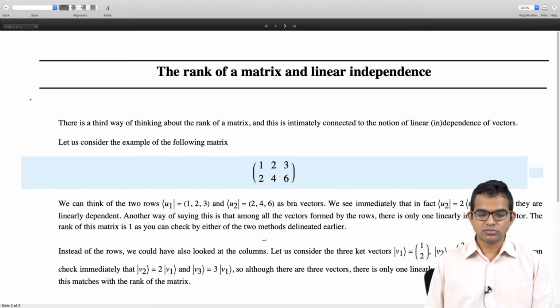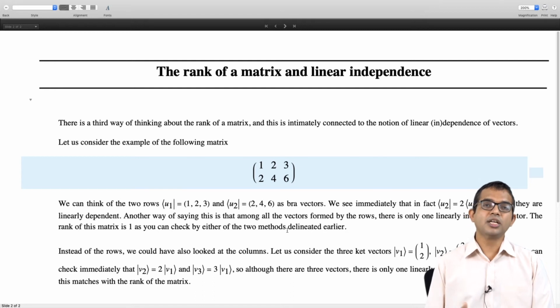And so one very interesting and somewhat non-trivial aspect of matrices is the fact that you could also have thought of these in terms of the columns, right? You can ask yourself how many columns, there are these 3 vectors now. It's a 3 column matrix. So there are 3 vectors, v1, v2 and v3: (1, 2), (2, 4) and (3, 6).